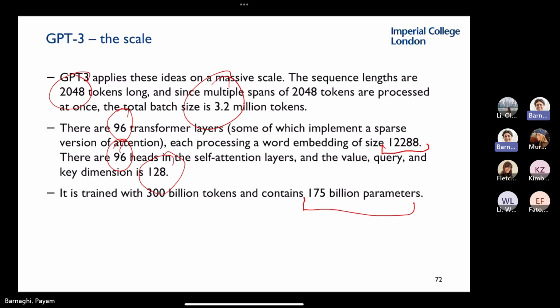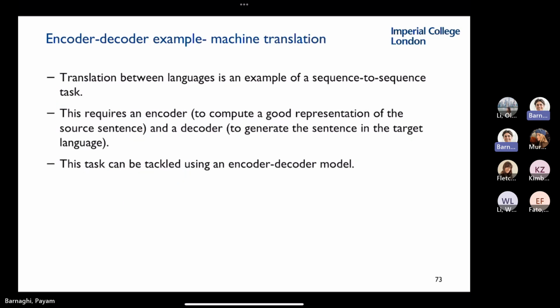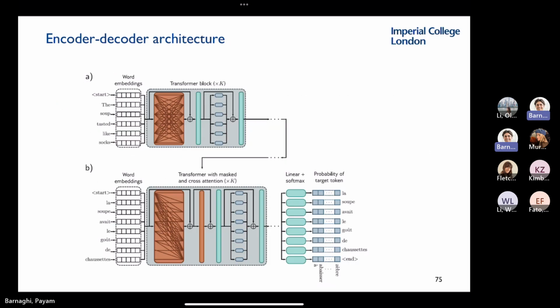And as I said, the other type of transformer you can use is the encoder-decoder, where you give sequence to sequence, for example machine translation, and you have all come across it. We use it constantly. But what you do is, your model now, rather than just predicting one sequence, predicts another sequence.